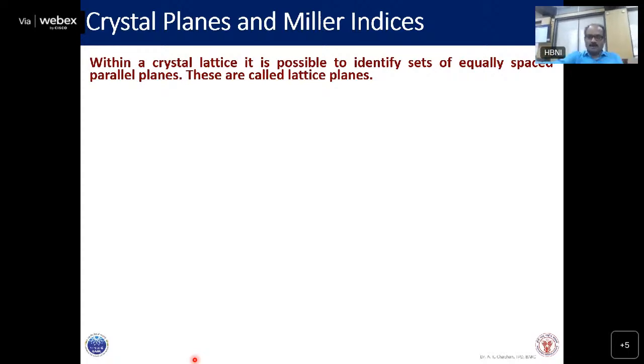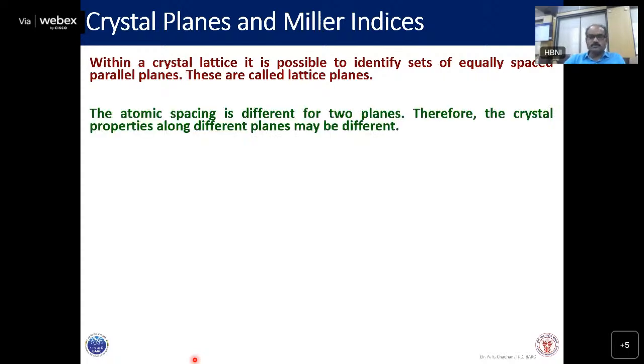Now, when we want to make a device, the material or the crystal has to be cut in a certain direction because different directions have different properties. So now let us understand what crystal planes and Miller indices are, which give you information about the crystal planes.